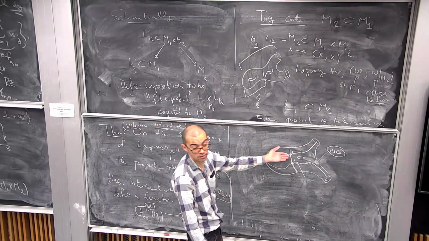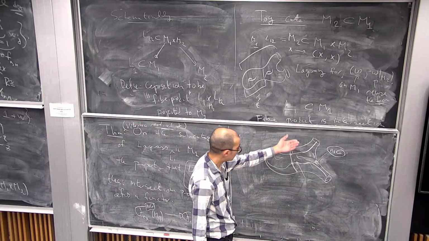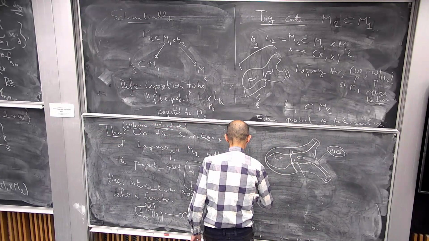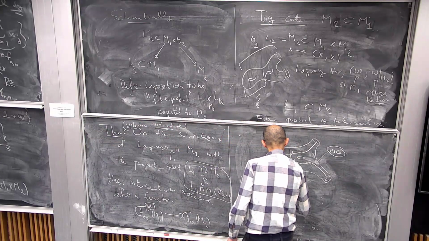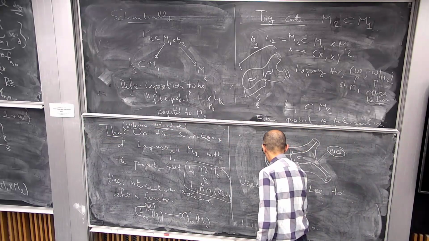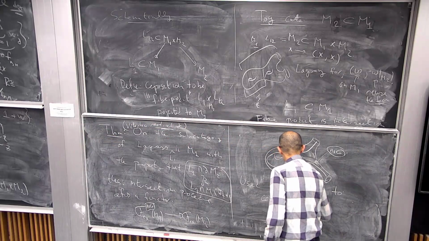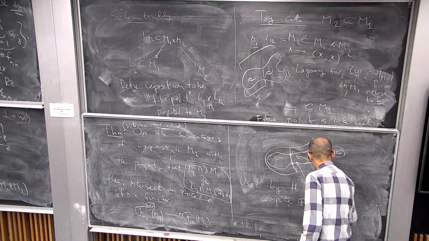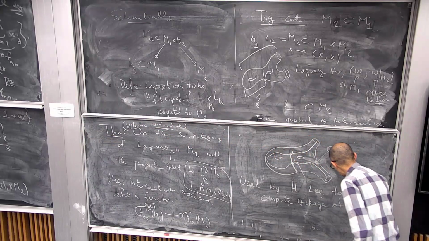Well, this is actually one of them. I'm not going to quite do it explicitly, but this was used by Heather Lee to compute Fukaya categories of punctured Riemann surfaces.